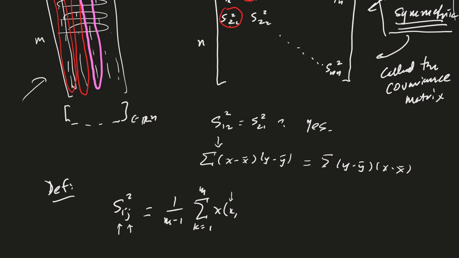So this is going to be the ith column with the jth column, and then I'm going to be summing the row values. Excellent. All right. And this, by the way, is assuming what? That I've mean subtracted in R^n. If I have not mean subtracted, then I would have to subtract the mean of each of these, the mean of the column.